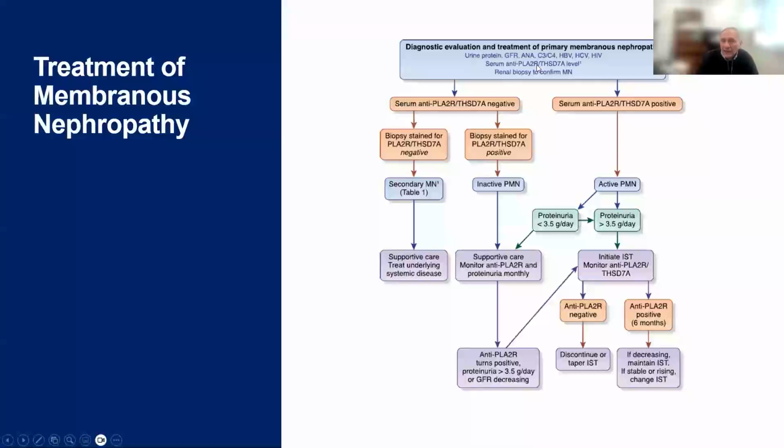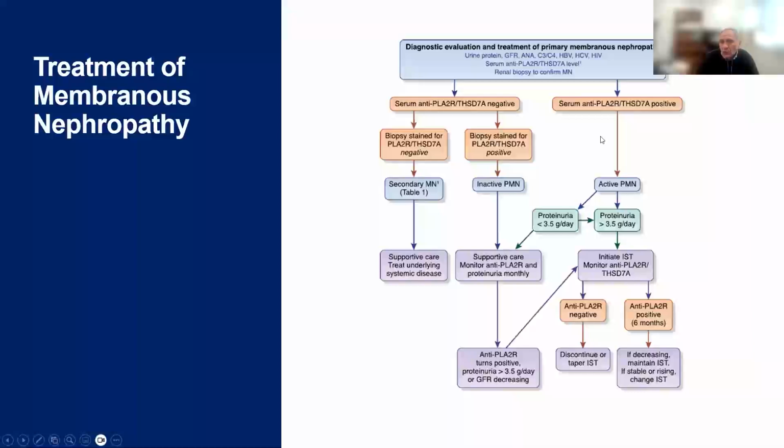We look at the PLA2R, and we do a renal biopsy. If the PLA2R is negative and the biopsy is also negative, this is likely secondary, like many of the cases that we see at our institution. If it's positive but there is not a lot of activity, the plan is more of a supportive treatment.